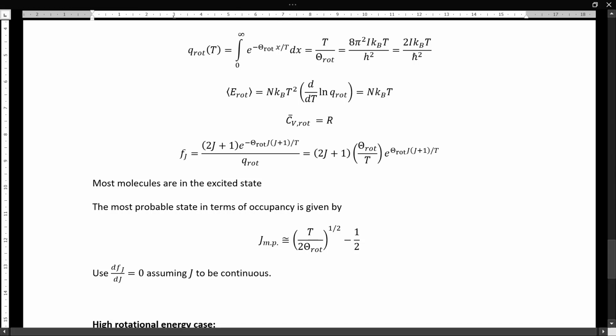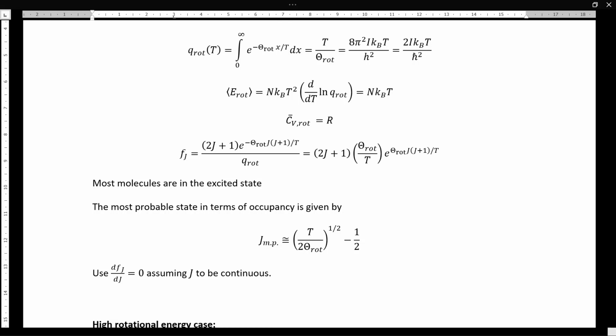Now, if you don't know about the occupancies, then you do not know which particular line. Remember, we had a series of lines in the rotational spectra, all separated by the rotational constant 2B.